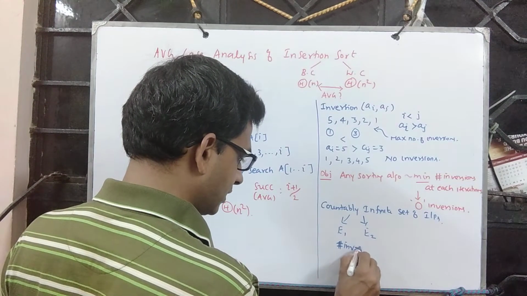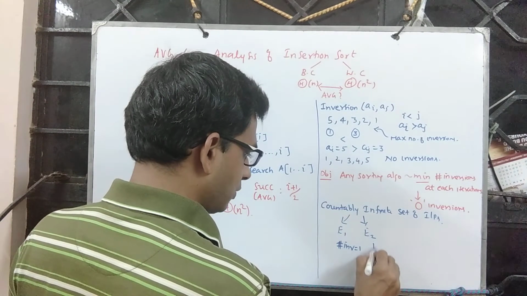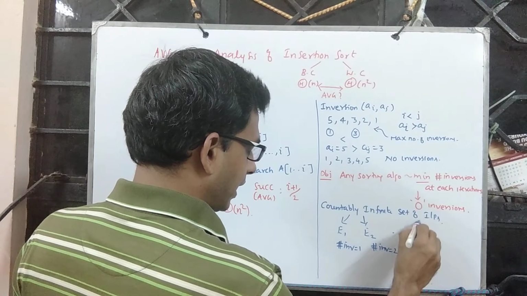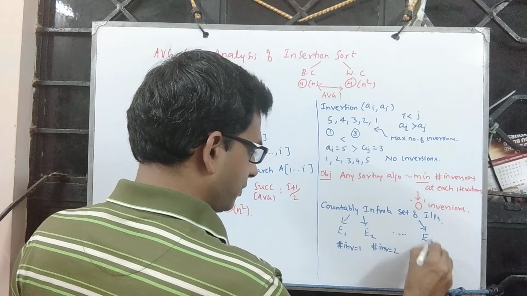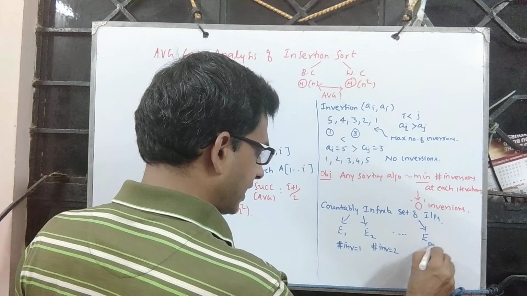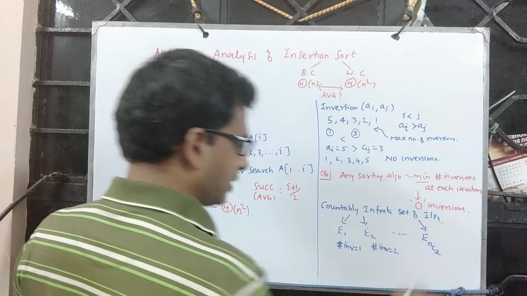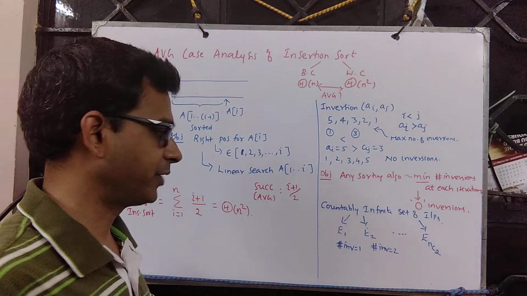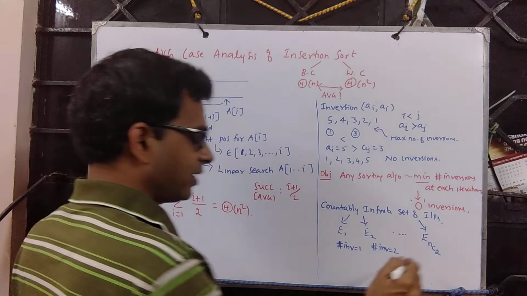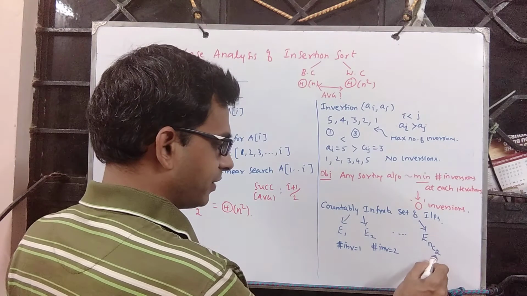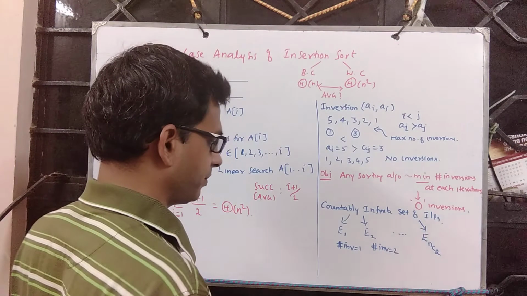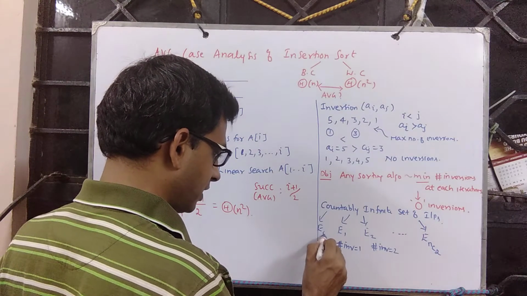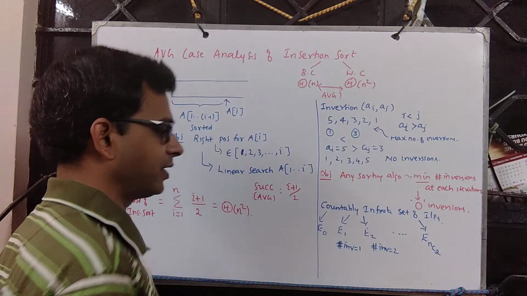This is all those inputs such that the number of inversions is 2. And what would be the maximum number between any pair? You see that there is an inversion. So the maximum number of inversions is n choose 2, or n into (n minus 1) by 2. So this will contain all those inputs where the number of inversions is n into (n minus 1) by 2. And there are inputs which are already sorted, no inversion at all. They will be placed at E0.